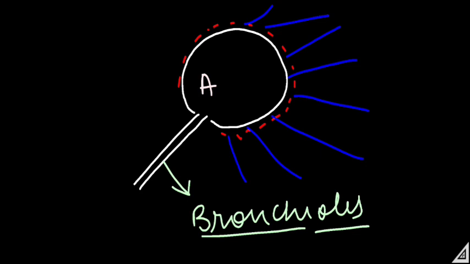So these are your bronchioles and this is your alveoli. Now you are seeing that these bronchioles are connected to the alveolus, right? So they are the smallest structures present in your body, right?